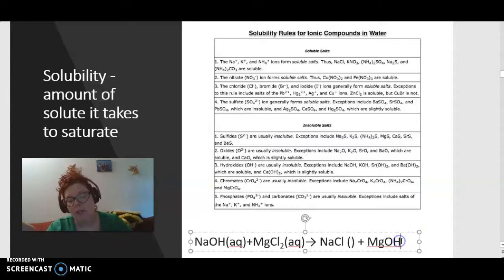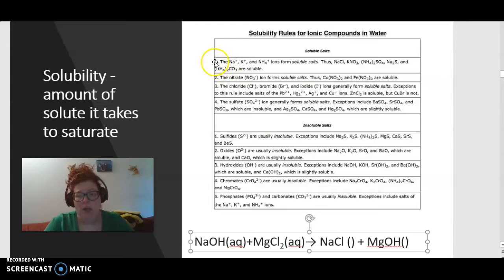And yes, we could balance it and all that fun stuff too. But the main thing that I want us to look at is, go up here. You see where it says soluble salts? Read rule number 1.